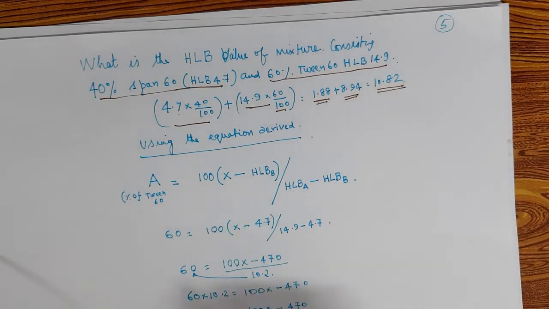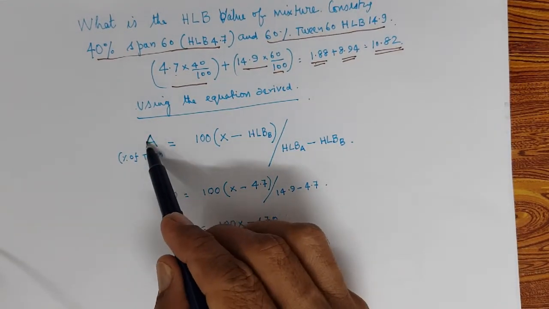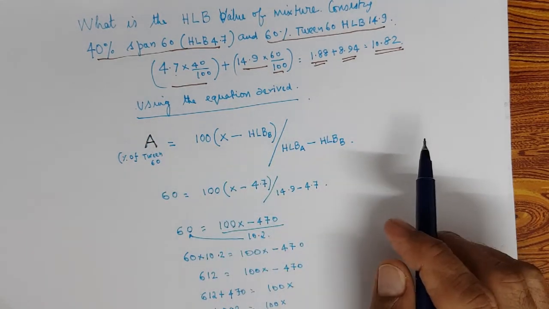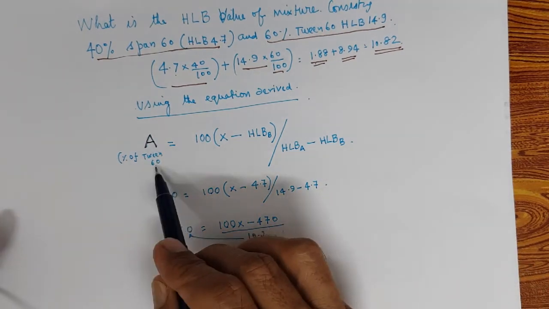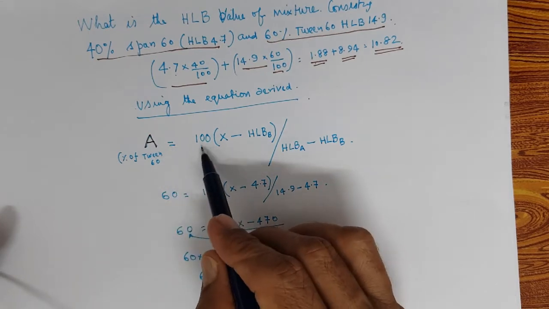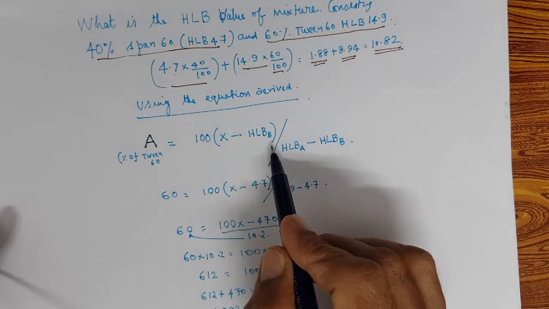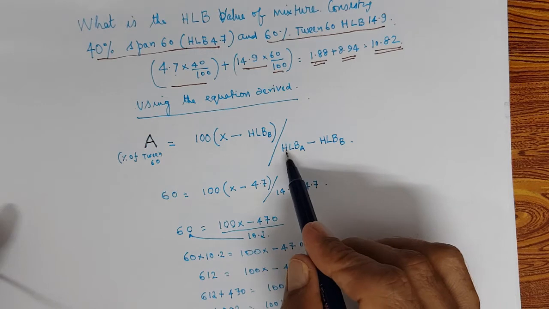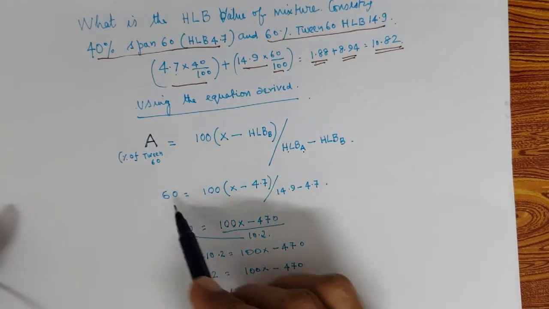But whatever equations we have arrived at, with that also we can derive the things. Let us say A is the percentage of Tween 60. We can always take A as the high HLB emulsifier. A, the percentage of Tween 60, is equal to 100 into X minus HLB of B divided by HLB value of A minus HLB value of B, right?